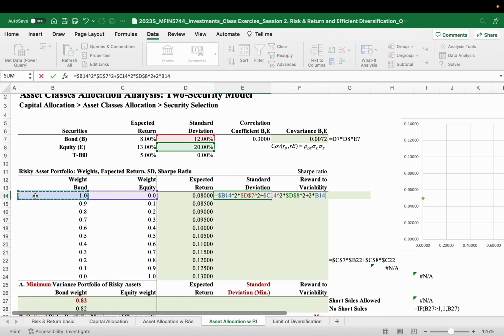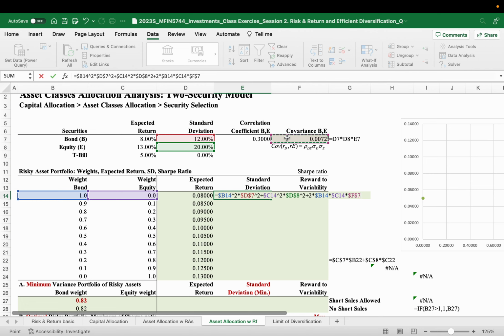We want to open the row but fix the column, times the weight of the equity. Also want to fix the column only. And then the covariance, we want to fix.